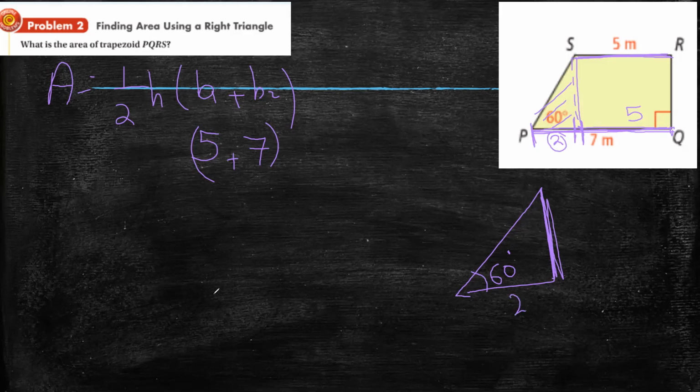Then, as Susan said, we have to use the sine, cosine, or tan to help me find the missing altitude. Let's name it x. Now, I have opposite over adjacent.